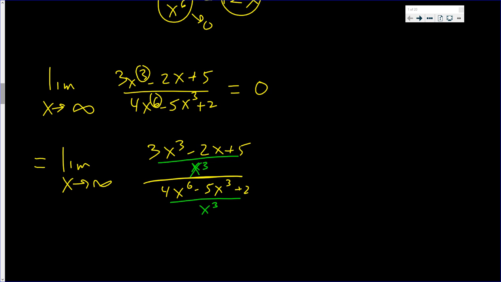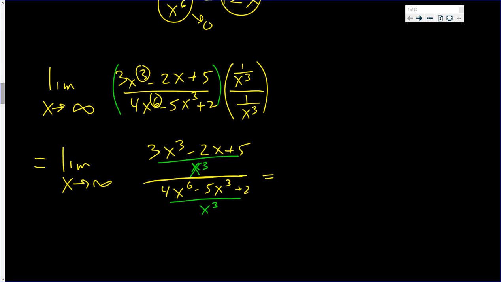So basically, I'm taking that fraction and multiplying the top by 1 over x cubed, and the bottom by 1 over x cubed. Well, that's 1. Numerator and denominator are both 1. Okay, let us do this division now.